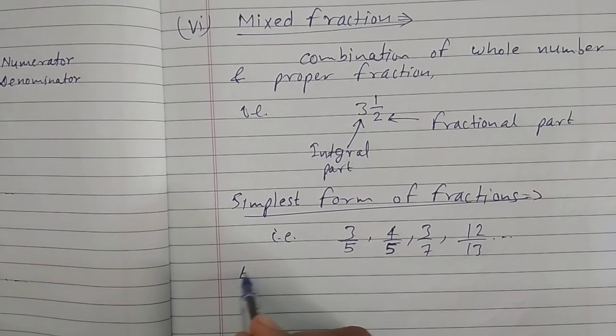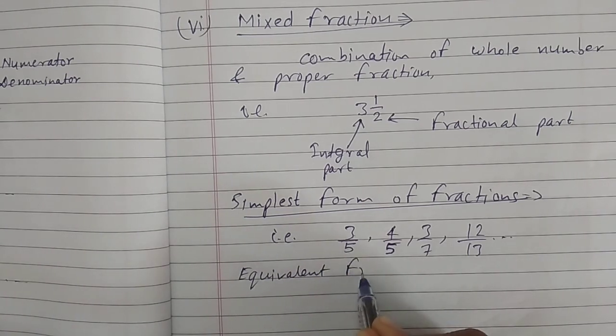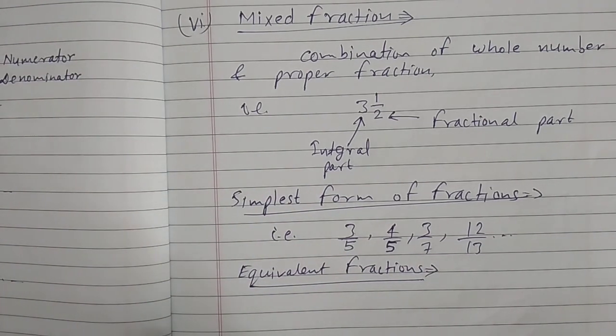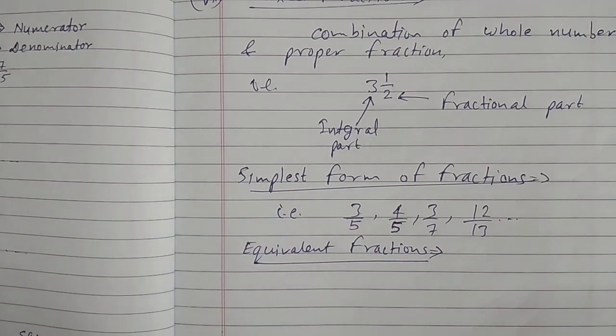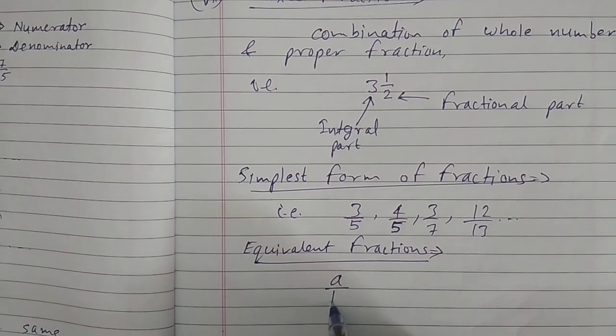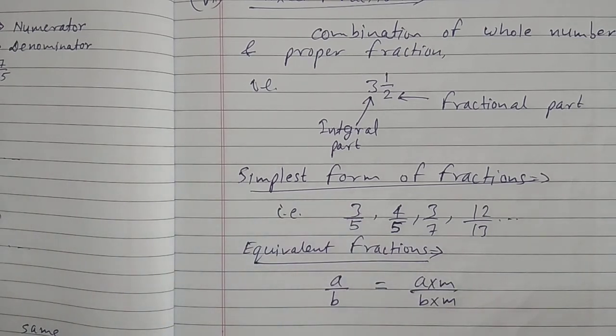Now, equivalent fractions. Equivalent fractions, that means a fraction obtained by multiplying the numerator and denominator by the same number. For example, we have a fraction a upon b, which is multiplied by m: a multiplied by m upon b multiplied by m.